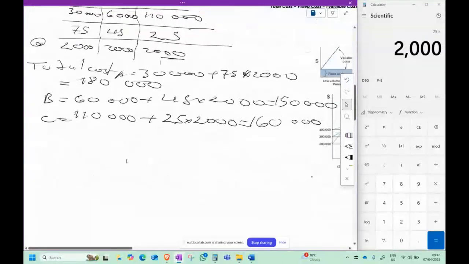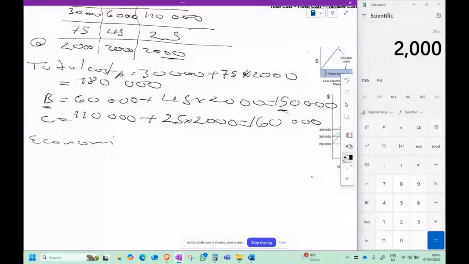Now we want to find the economical points. These are the costs at 2,000. This is what you're getting. But now we want to find the economical points, the break-even points. The lowest cost is 150, which is B. But it's B when you're producing a specific amount of products.